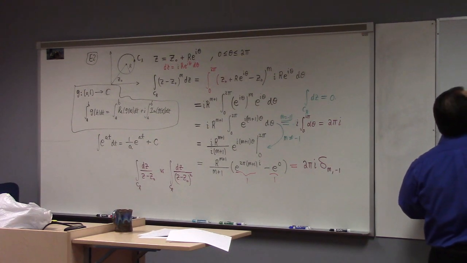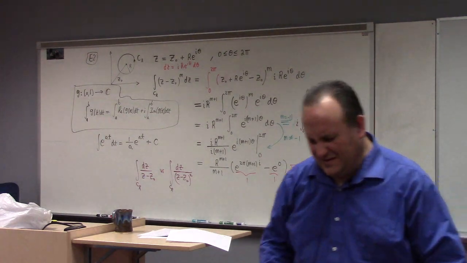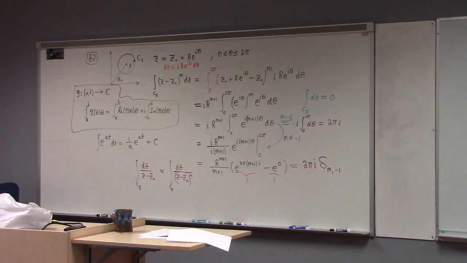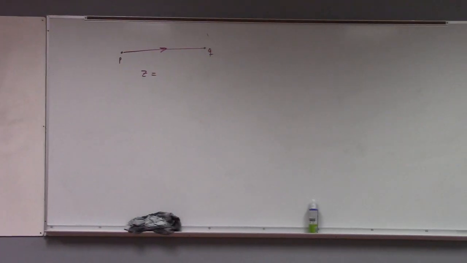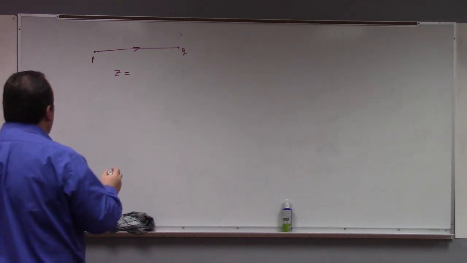Let's go from point P over here to point Q, you guys. z equals what? We'll parameterize that. How do you parameterize that? What did you tell me? I said mt plus b.